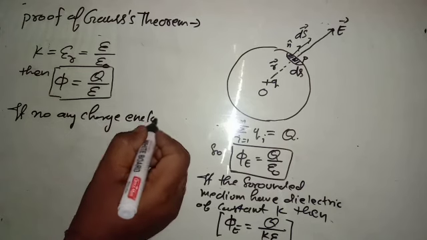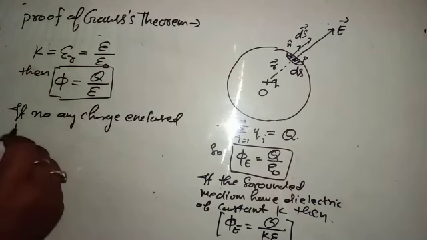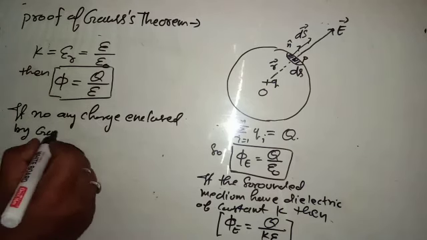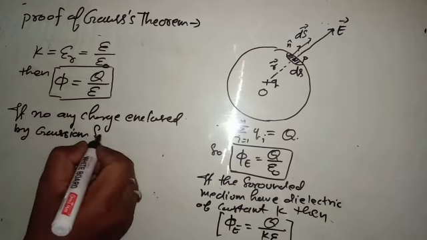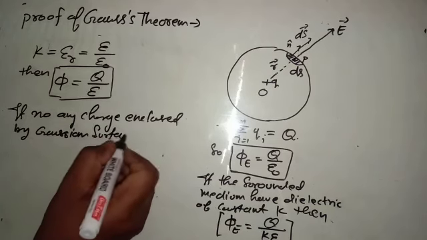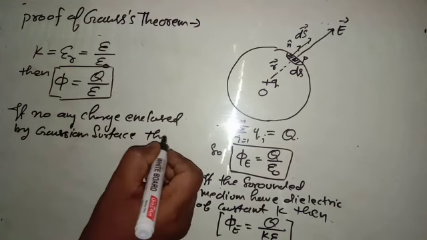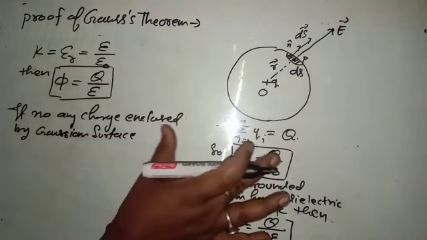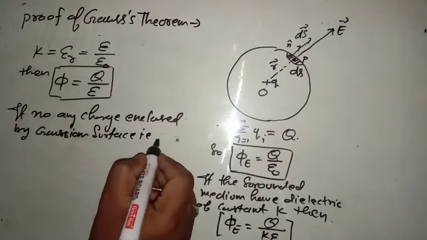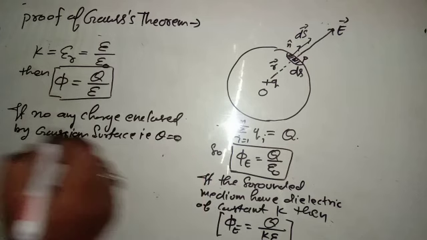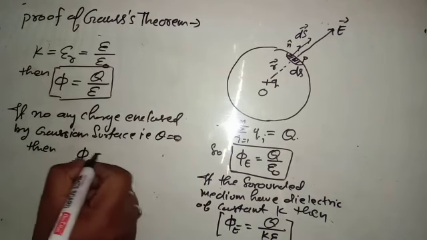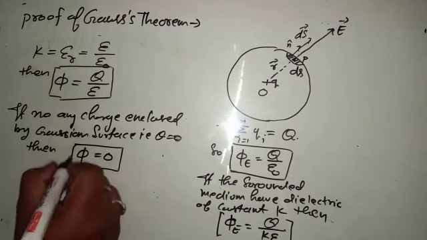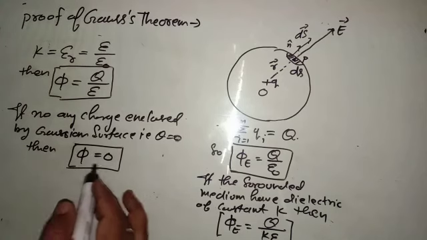And if no charge is enclosed by the Gaussian surface, that means q is equal to 0, then phi is equal to 0. That means no flux will be considered.